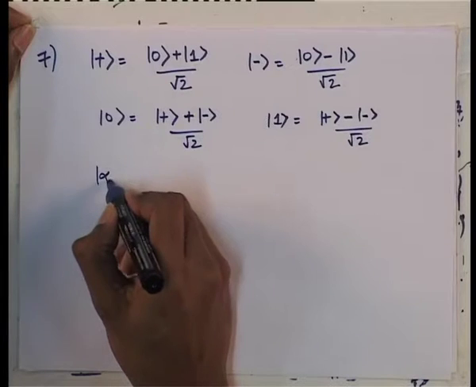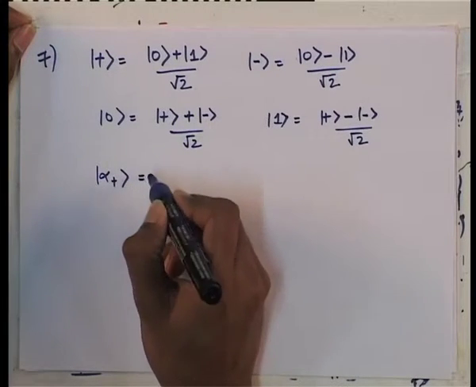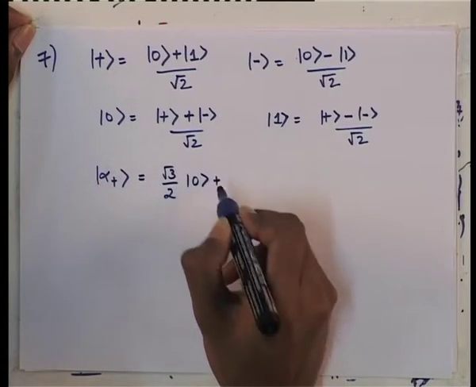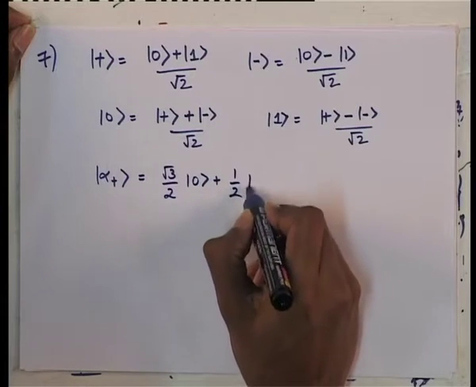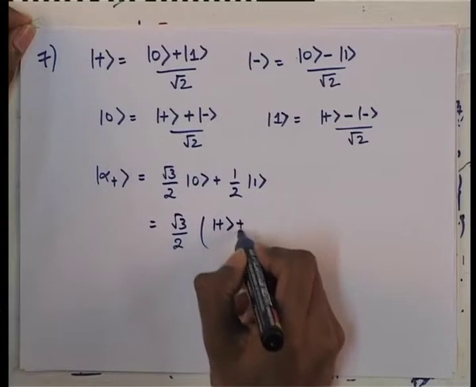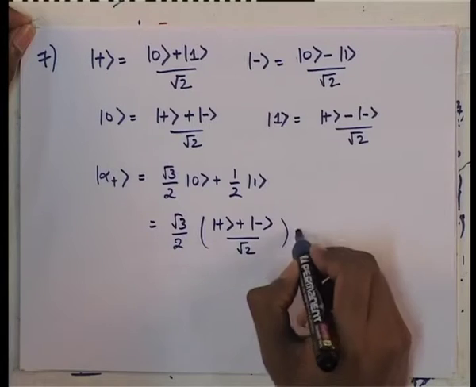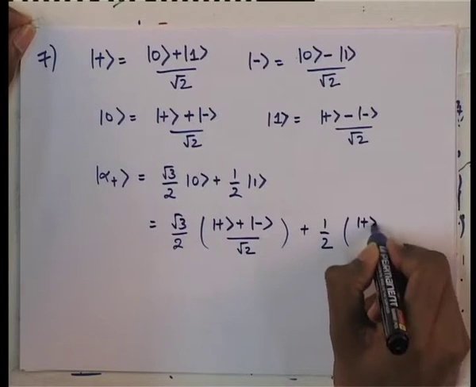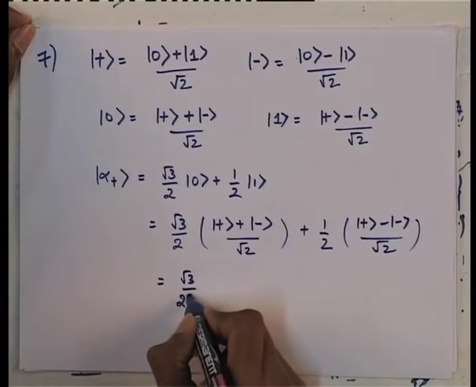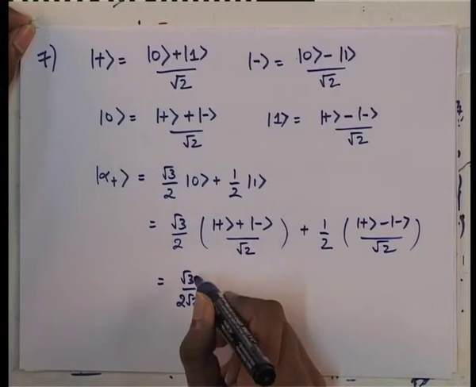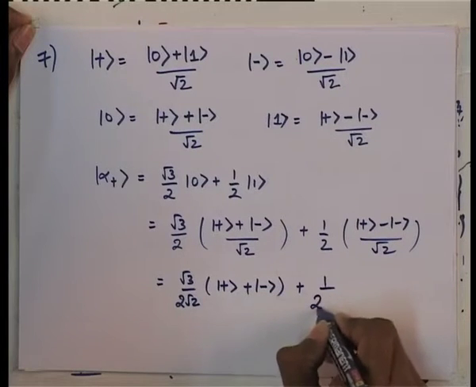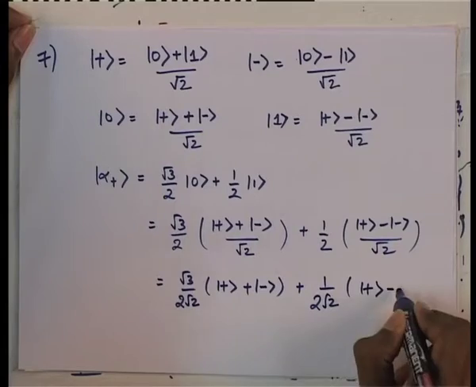So, rewrite the basis used by Eve in terms of plus and minus. It is given that alpha plus is root 3 by 2 times qubit 0 and 1 by 2 times qubit 1, which is root 3 by 2 times plus plus minus by root 2, plus half times plus minus minus by root 2, which is root 3 divided by 2 root 2 times plus plus minus plus 1 by 2 root 2 times plus minus minus.